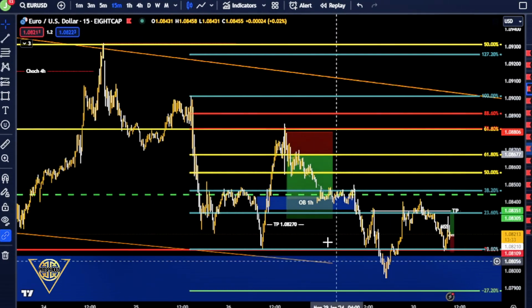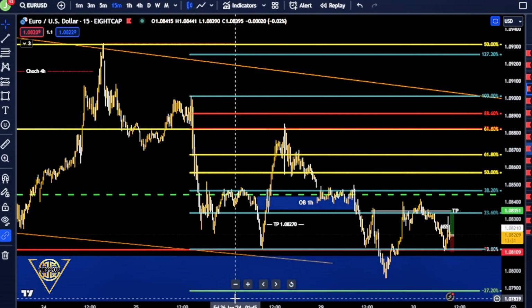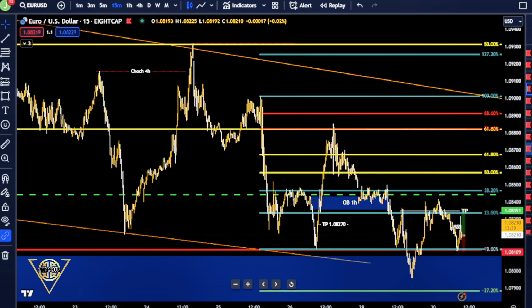And to target something bigger, then I really have to look at the bigger picture and see where we're at.